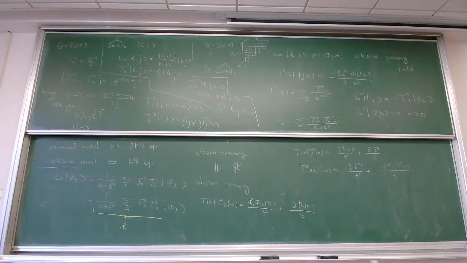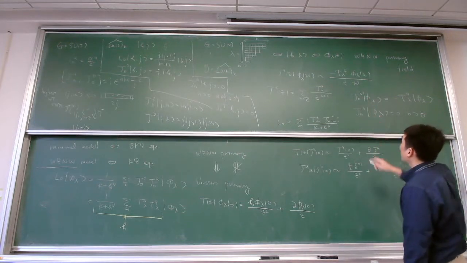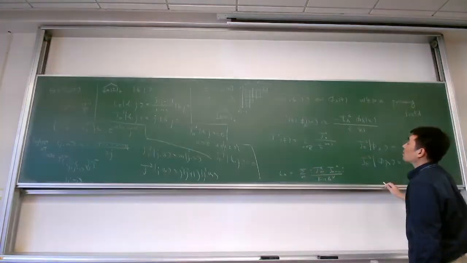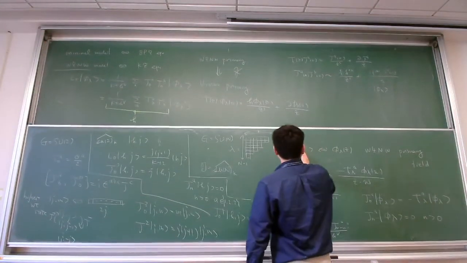Sorry, I'm a bit slow today, maybe. And then you can have the highest weight state by lambda, which I should call phi lambda.